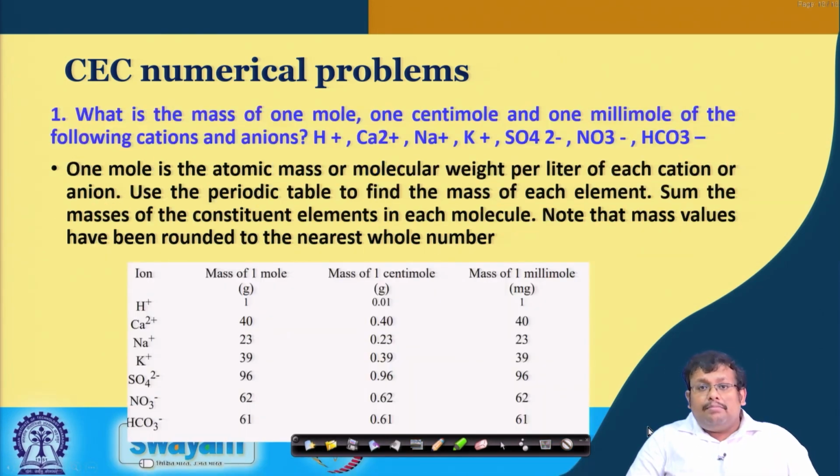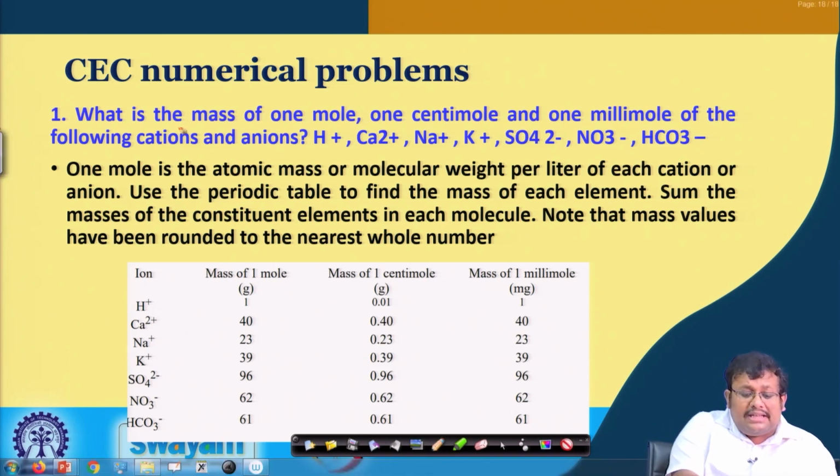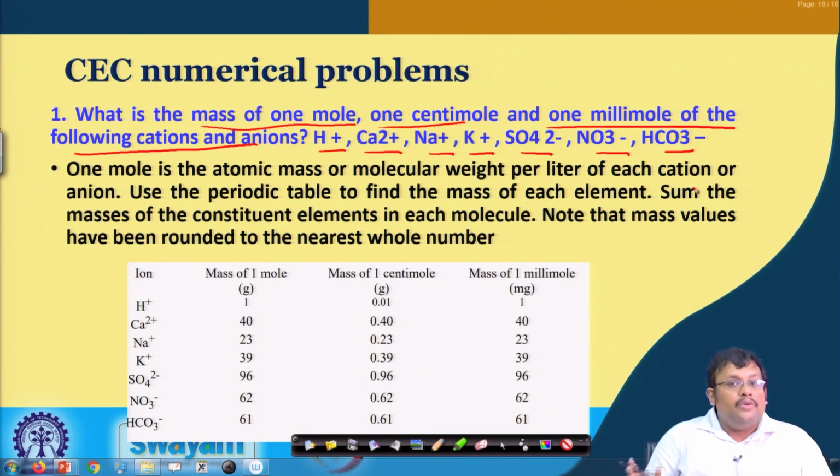Okay, so let us see one example. The first question is: what is the mass of 1 mole, 1 centimole and 1 millimole of the following cations and anions: H+, Ca2+, Na+, K+, sulphate, nitrate and bicarbonate? So, 1 mole is the atomic mass or molecular weight in grams for each cation or anion, we know that.